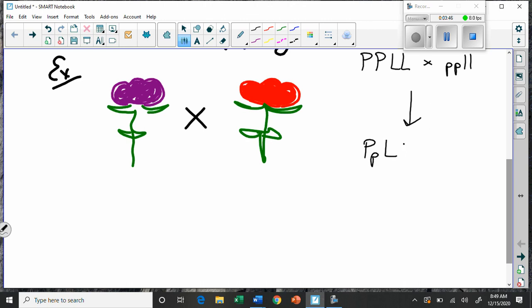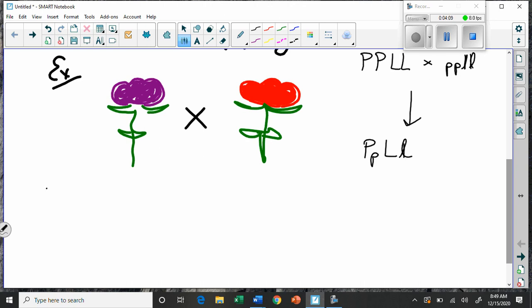heterozygous. That's the only real possible combination because you're only producing one allele in each case. You know what I'll do is make these L's little scripted L's so they stand out a little better. All right? Then what happens is we end up with all purple flowers. So the purple is the dominant color, right?